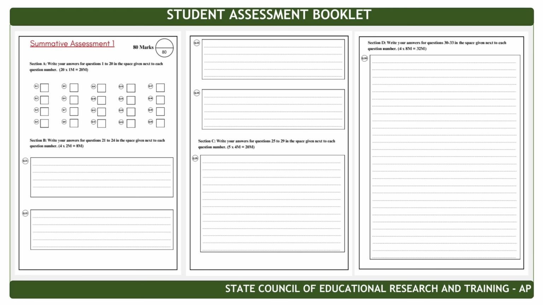Section A contains 20 MCQs for 6th and 7th classes, 4 questions of 2 marks, 5 questions of 4 marks, and 4 questions of 8 marks, altogether 80 marks for summative assessment for one subject. For 8th, 9th and 10th biology, the exam will be for 40 marks.